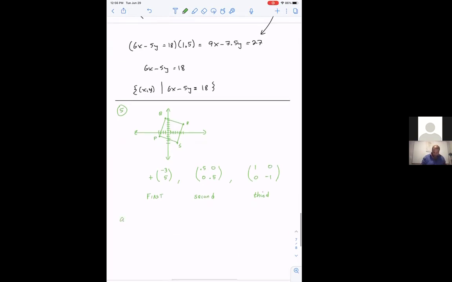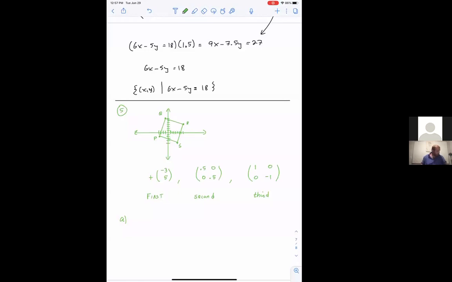So A says, determine a single transformation of the form AX plus B that maps PQRS to its image P prime, Q prime, R prime, S prime. So we want to take this to its image. So as always, you should be trying to do this yourself.